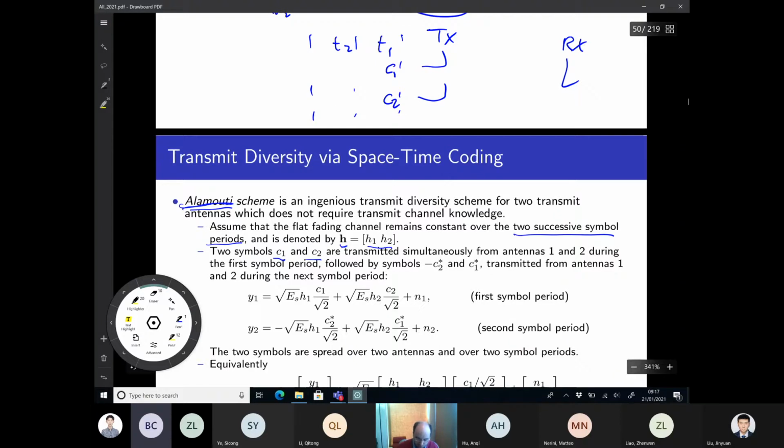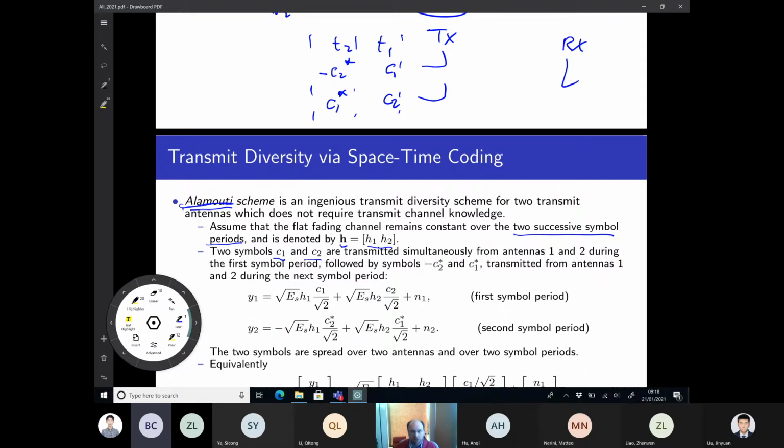Then on the second time instance, I will transmit minus C2 conjugate and C1 conjugate. So same symbols, but now conjugated, and I put a minus there. I will show you later on why we do that. You will understand in a minute.